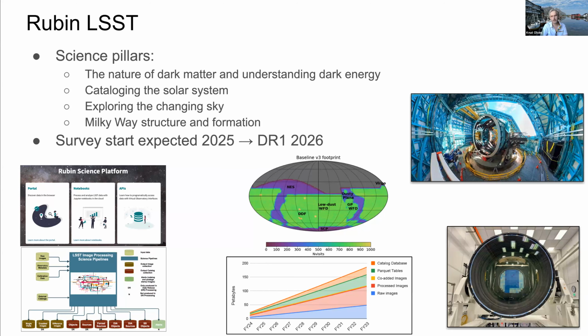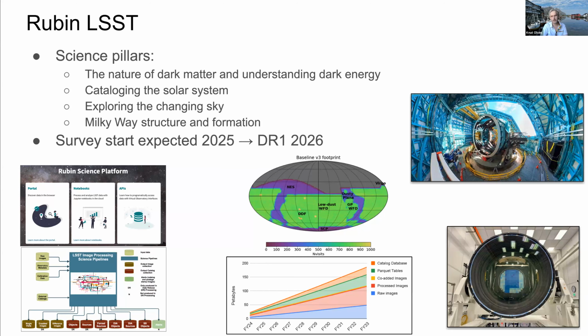Yeah, so a reason to be talking about this at LINCC is that there's a huge overlap both in the science communities and in the science community needs. So these bullet items are taken straight off the LINCC website, but they could have been equally well taken off of a Roman website.